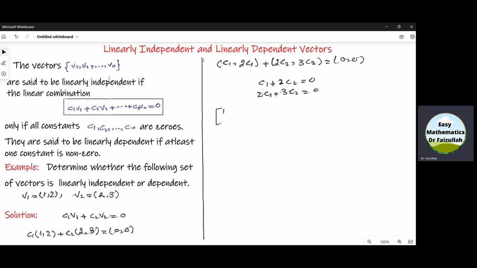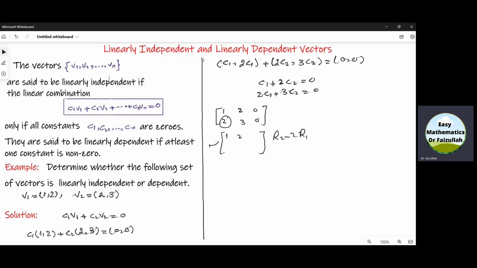Let us solve this system of equations by the Gauss elimination method. So the augmented matrix is [1, 2, 0; 2, 3, 0]. Now we need that this 2 must be 0. So let us subtract 2 times row 1 from row 2.